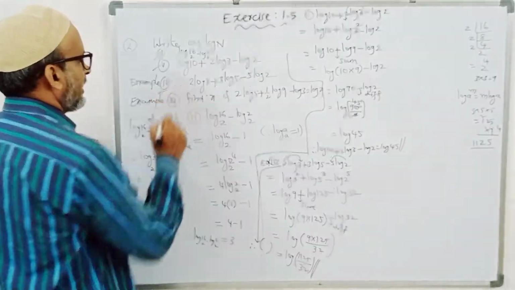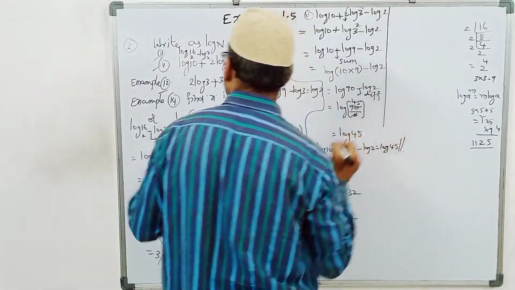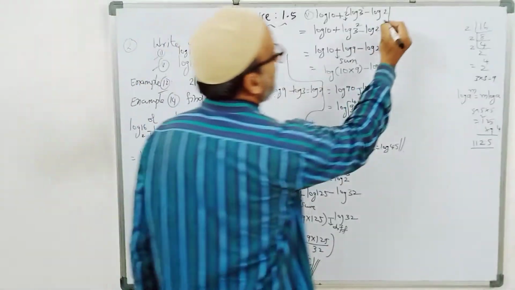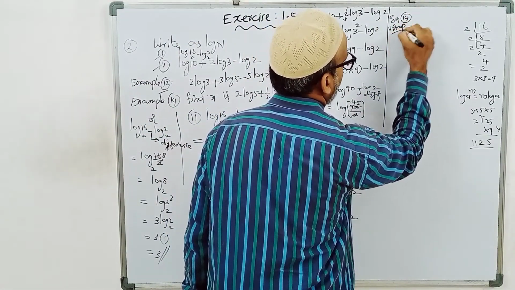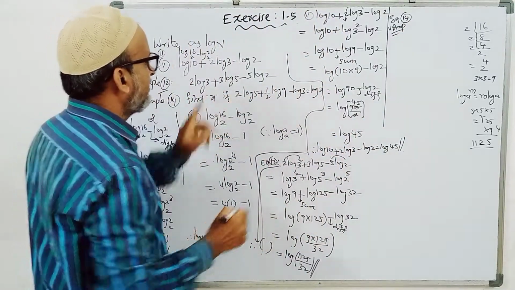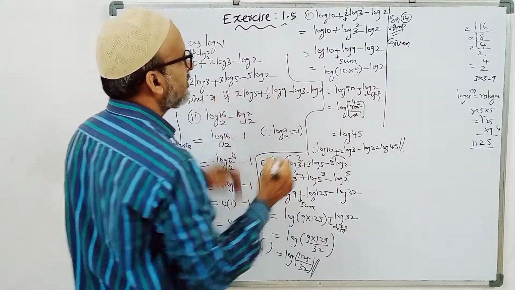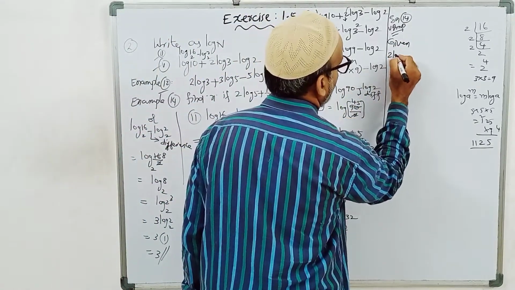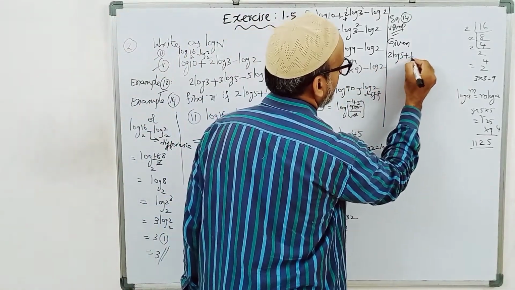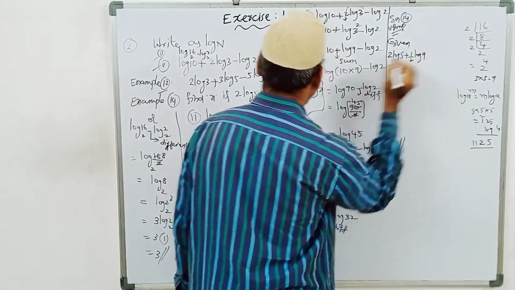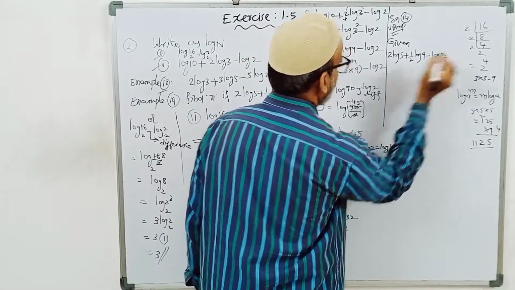Okay? Like that only. Example number 14, the 14th example, a very important question. Find x if given: 2 logarithm of 5 plus 1 by 2 logarithm of 9 minus logarithm of 3 is equal to logarithm of x.